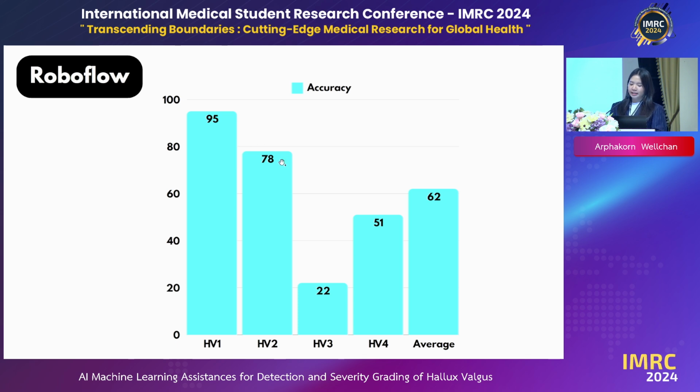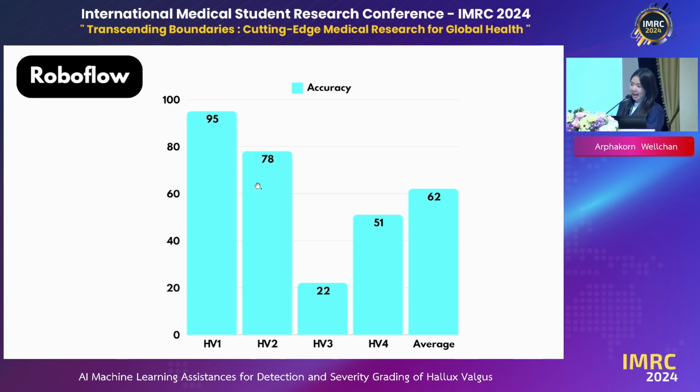However, for the more severe classes, the AI hasn't done a very good job. What we can say from this is that the AI cannot tell apart the moderate deformity from the severe deformity. However, it did a very good job on telling apart the normal and the deformed foot.